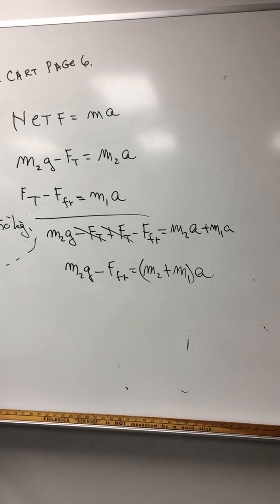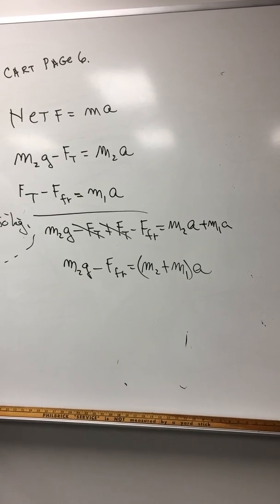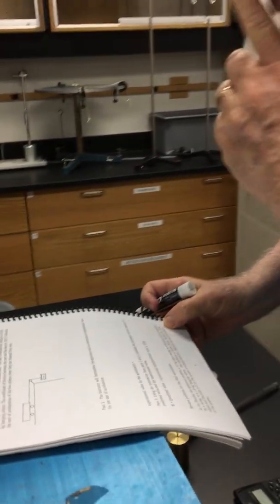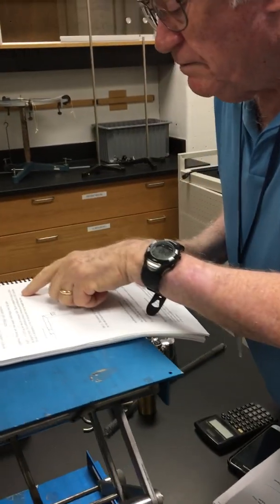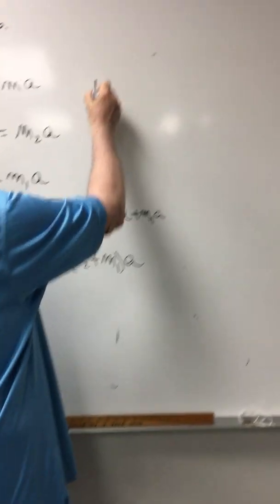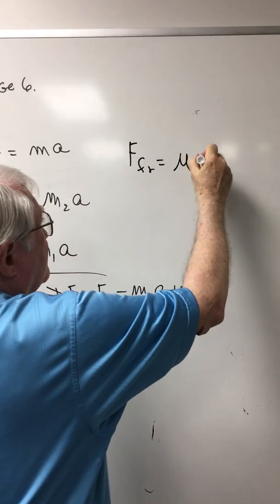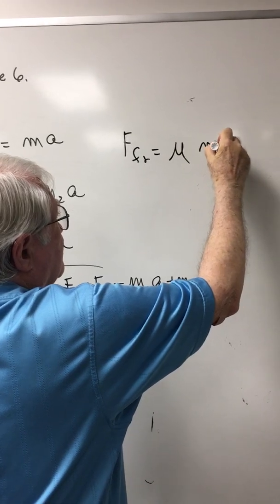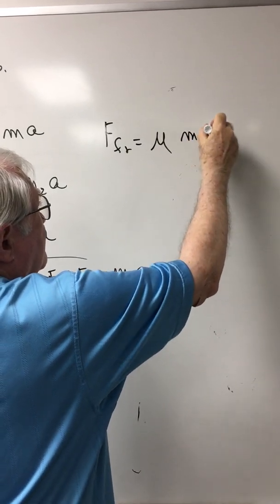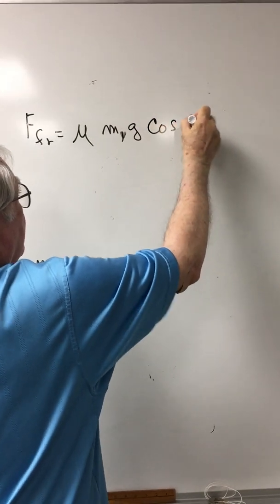Now, in order to finish this, we have to figure out what the frictional force is. In the problem in the lab manual, it says let's assume the coefficient of friction is 0.017. So the frictional force is going to be equal to the coefficient of friction times the weight times the cosine of the angle.